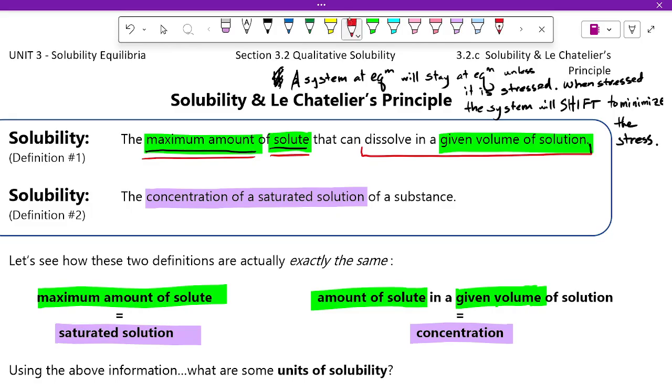So these two parts here, the maximum amount of solute, mean a saturated solution. And then we have the amount in a given volume. What is amount in a given volume?